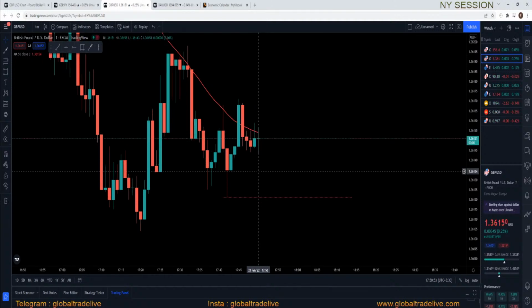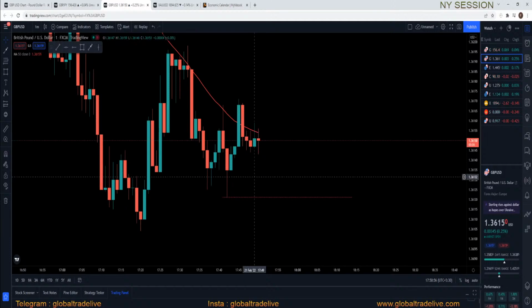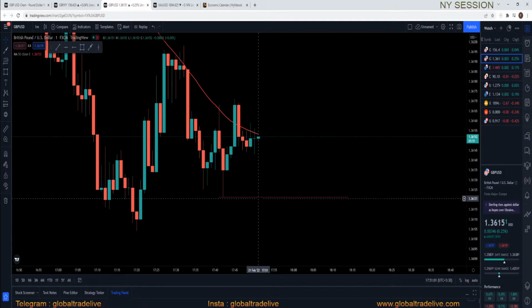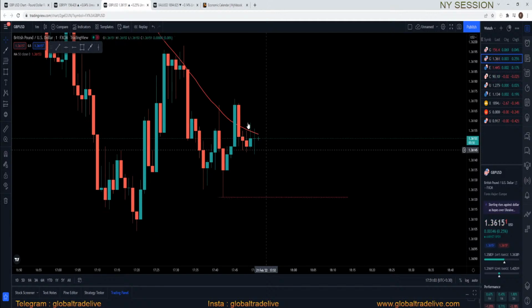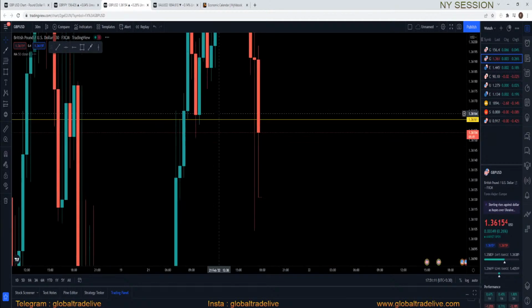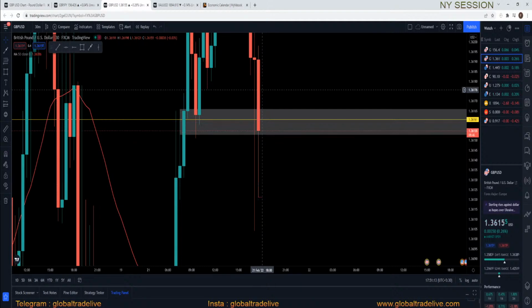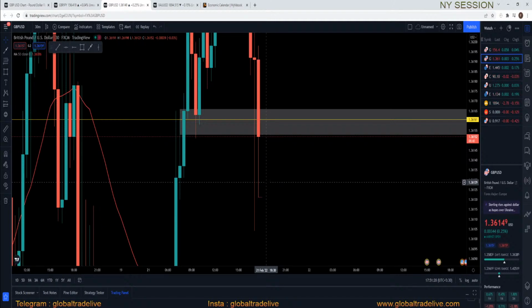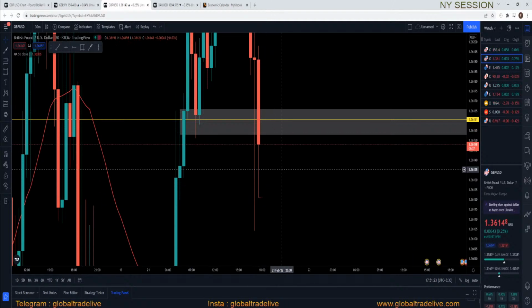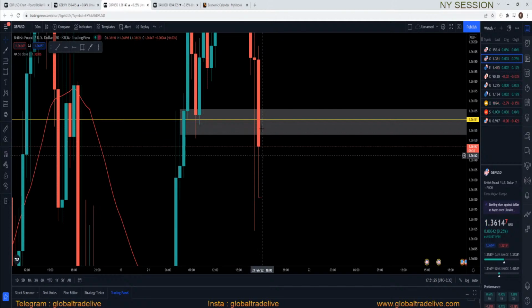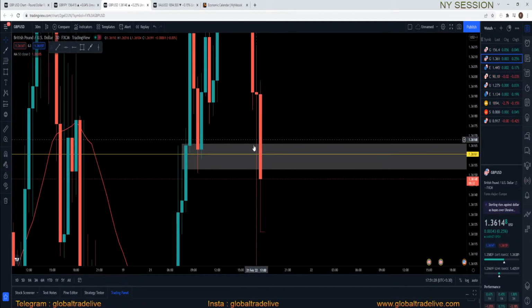If we are looking for sells in GBP, then obviously I'm gonna wait for a candle to break and close below this area, and after that happens I'm gonna mark my POI region, and then I'm gonna wait for the market to enter that POI region, because that will give me a pre-entry over here. I think if this 30-minute candle has to go down, then it should be closing somewhere down over here in this area. But if it really wants to go up, then it will be going up back inside the upper region.